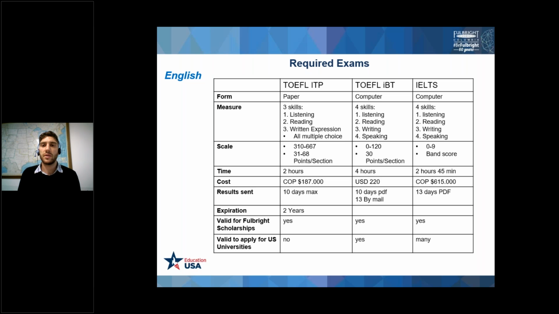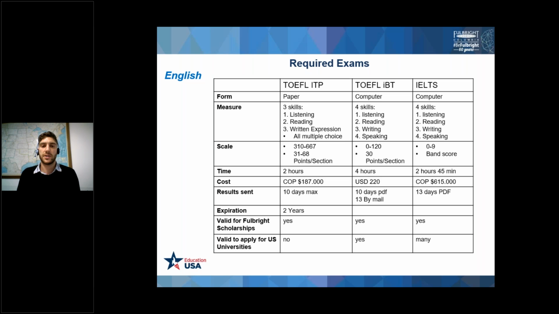What does it measure? The IBT and the IELTS both measure listening, reading, writing, and speaking, okay? Whereas the TOEFL ITP measures listening, reading, written expression. So the TOEFL ITP does not measure speaking.